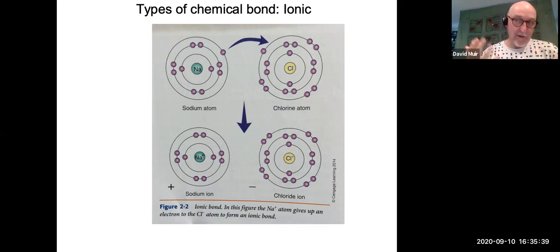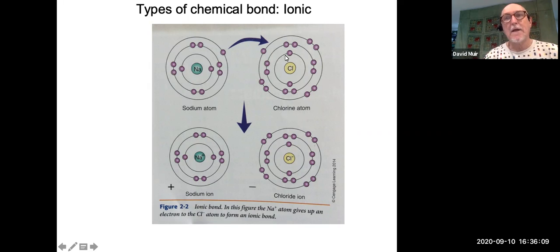It is determined by quantum mechanics and quantum physics, but have a look here: 1, 2, 3, 4, 5, 6, 7, 8. It would be quite advantageous for the sodium to be able to just show that shell. And in fact, this electron here is quite loose. It's far away from the nucleus, and it's relatively loosely associated with the atom.